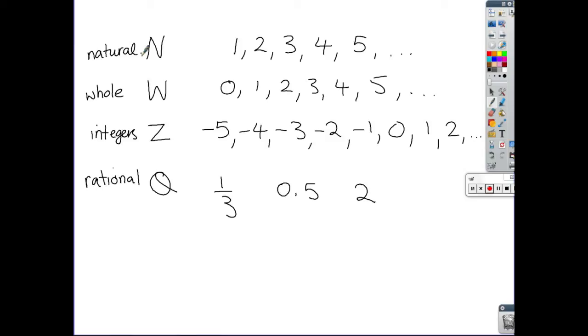Now we can also have the set of irrational numbers, and they can't be written as a fraction. So for example, pi, or any square root which doesn't simplify, for example square root of 2, square root of 3, these ones are irrational.